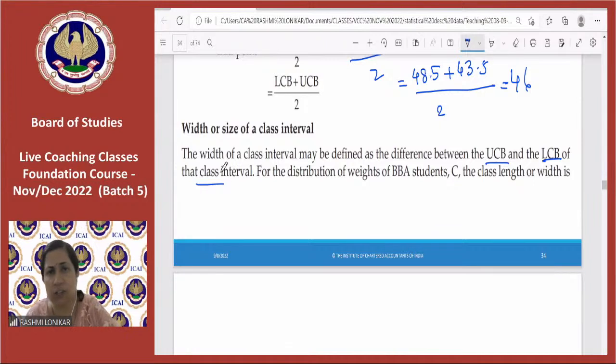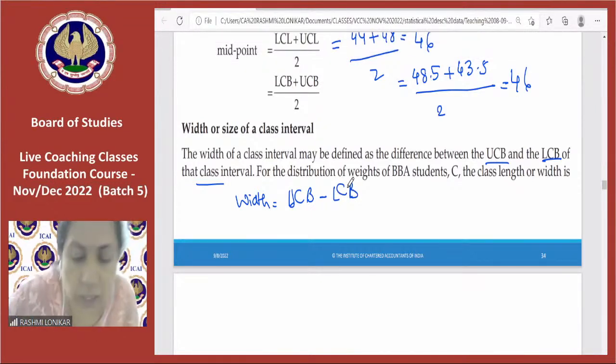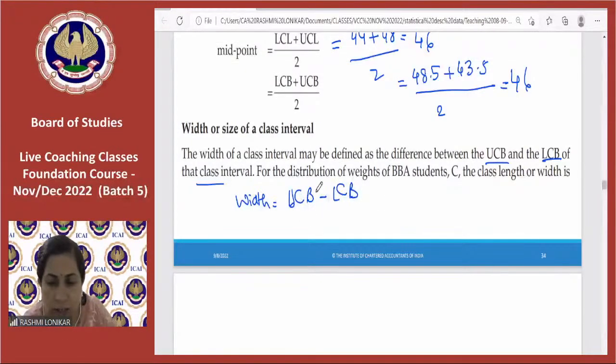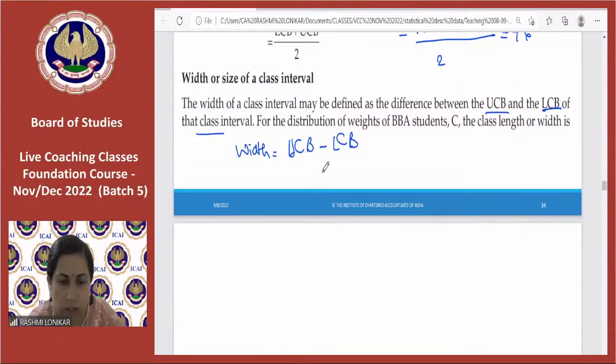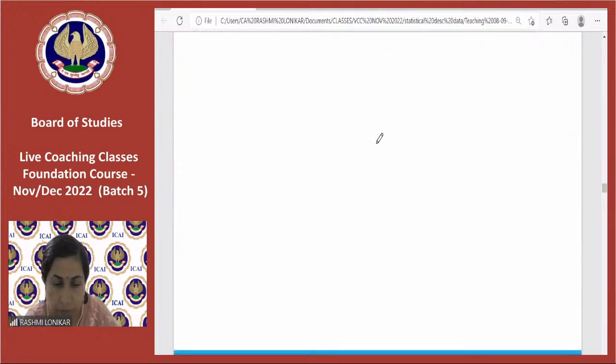Whichever class interval I am taking, the width is equal to UCB minus LCB. So for the distribution of weights of BPA students, the class length or class width will be equal to 5. They have already given that in this sum.